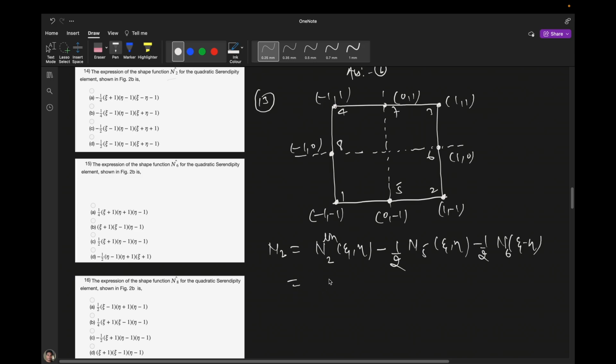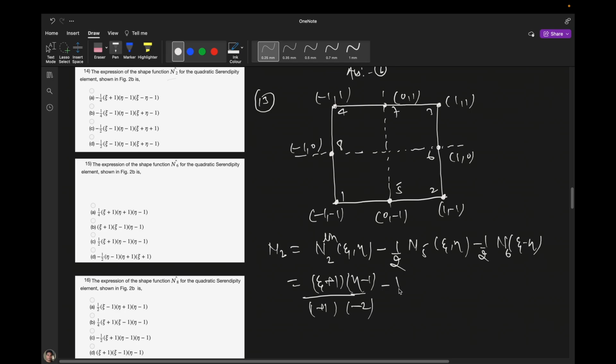So that will be xi plus 1 and eta -1 divided by 1 plus 1 and -1, that will be -2.